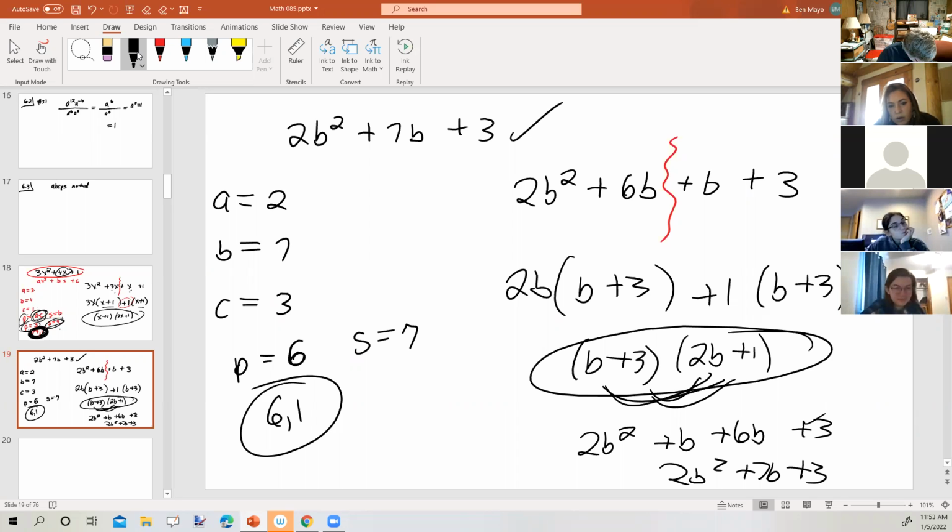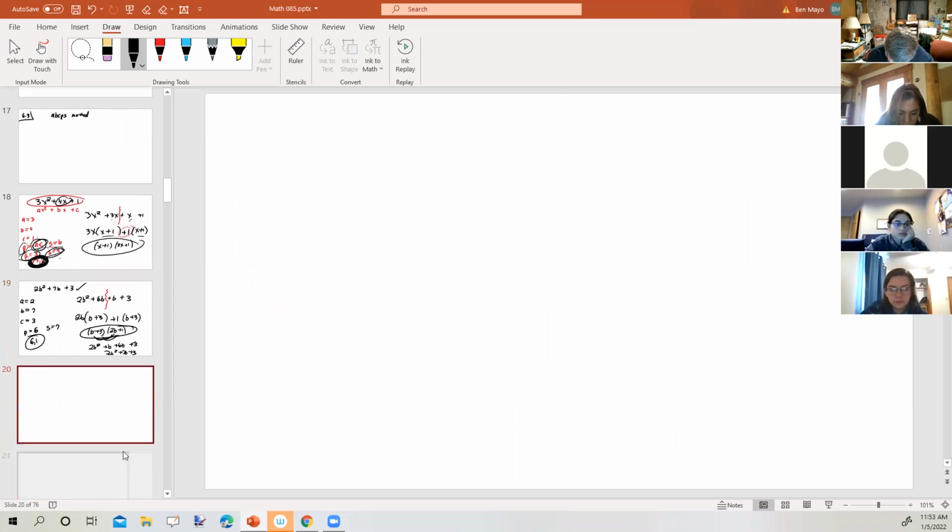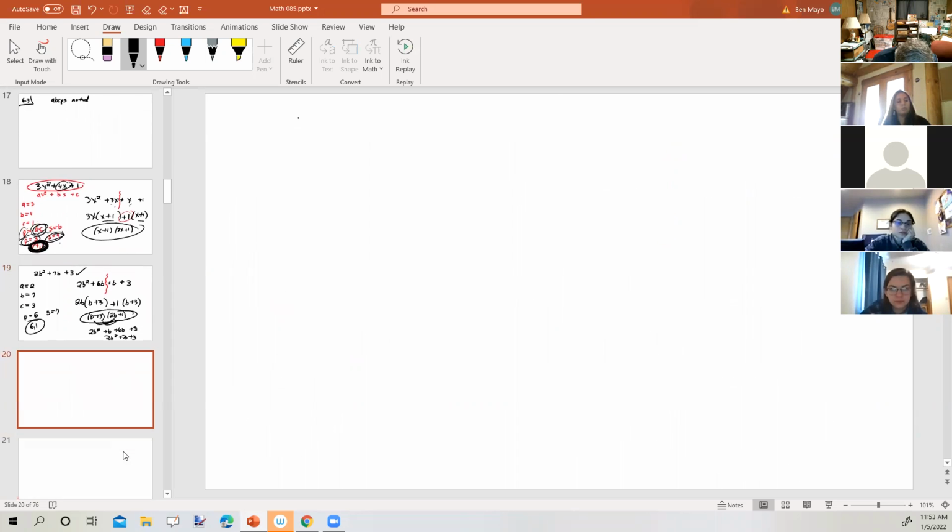Let's see here. This one's going to get ugly. 15a squared minus 28a plus 5. Well, maybe it won't. We'll see. So I've got a trinomial in standard form.